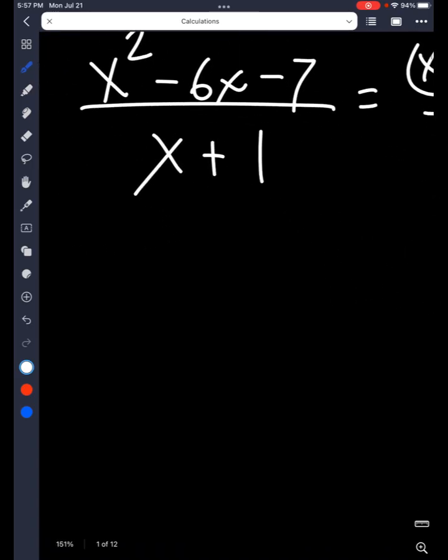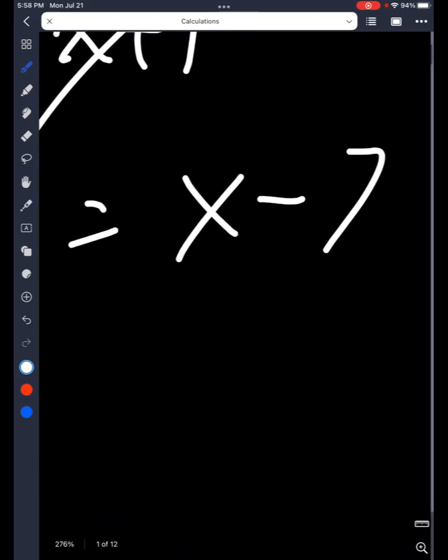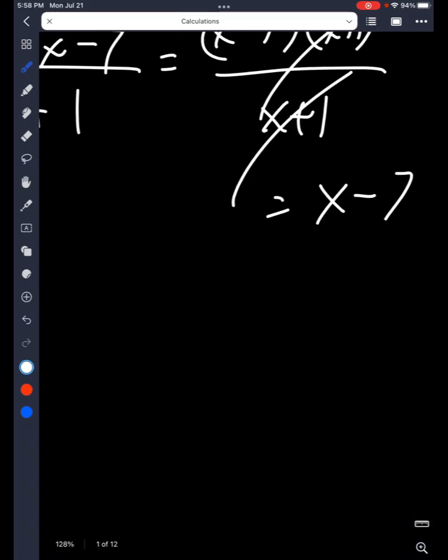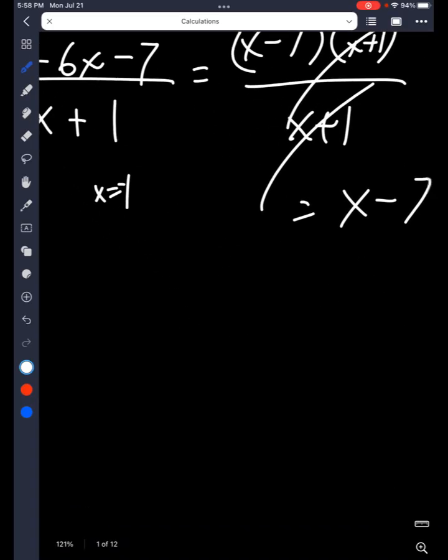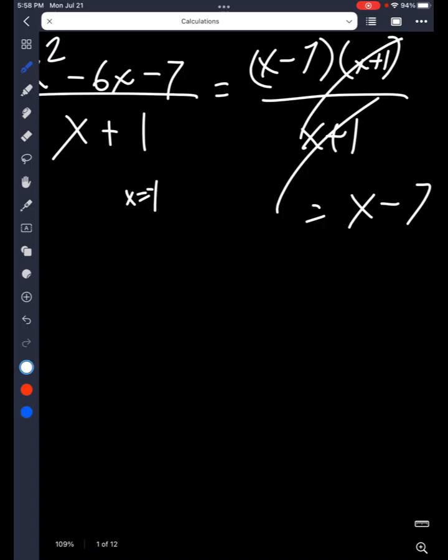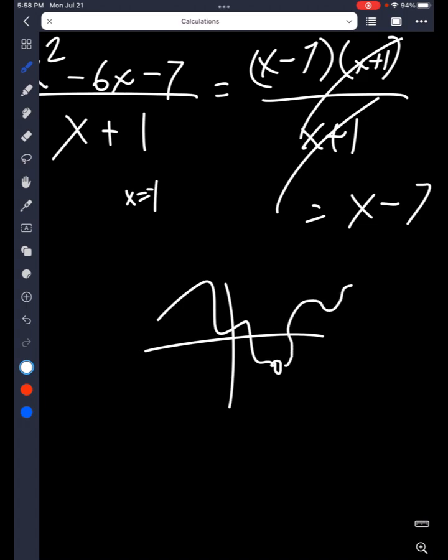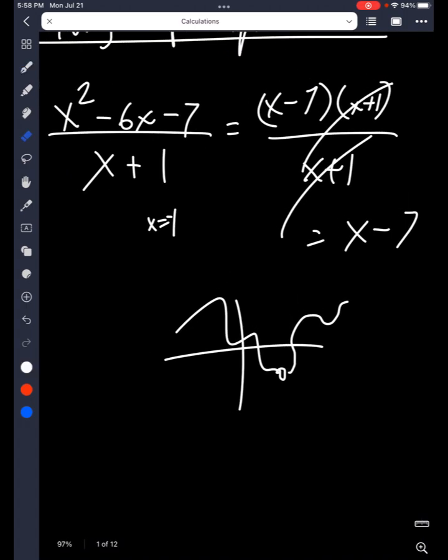Now, be really careful with this, though. If you try to graph this function, you might think it's the same graph as x minus 7, but at x equals negative 1, it wouldn't work. You might have seen a graph with a dot or a circle here, which means that the function doesn't exist there.